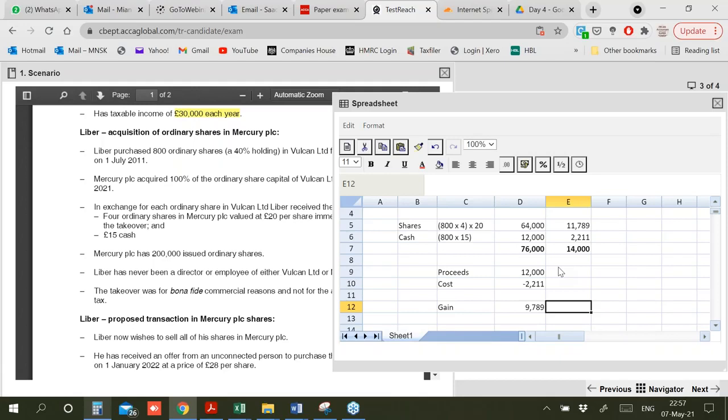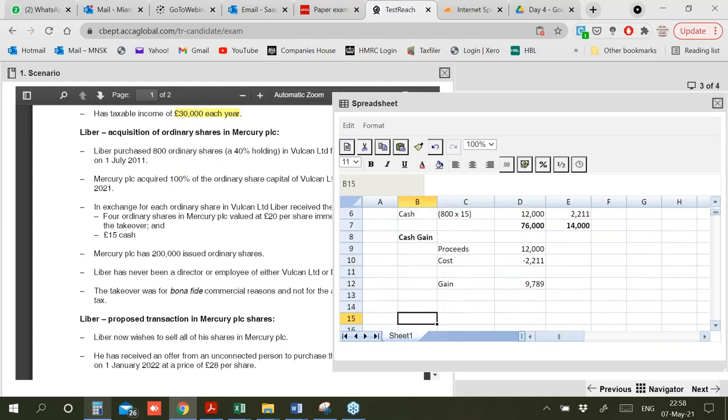And you can see it is neither less than 3,000 nor 5% of the market value. So it does not qualify for both of the criteria, so it will be chargeable. It is a cash gain. I can write that separately, that it is a cash gain.